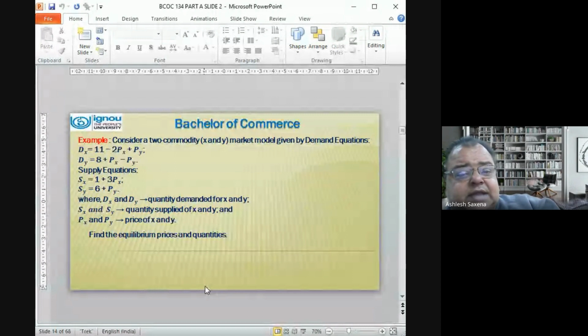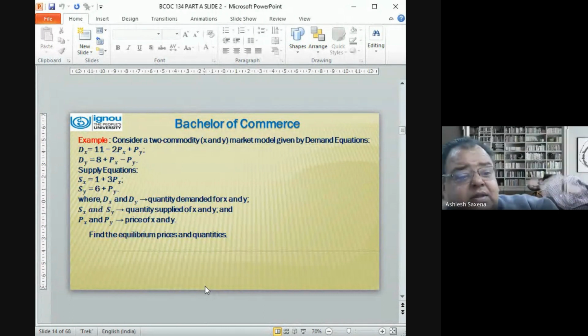Now we can see two commodities X and Y. The market model is given by demand equations. Dx is equal to 11 minus 2px plus py, and dy is equal to 8 plus px minus py. Similarly, if these are the demand equations, then two supply equations will be there.